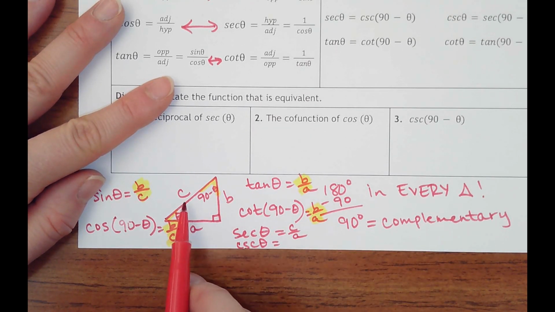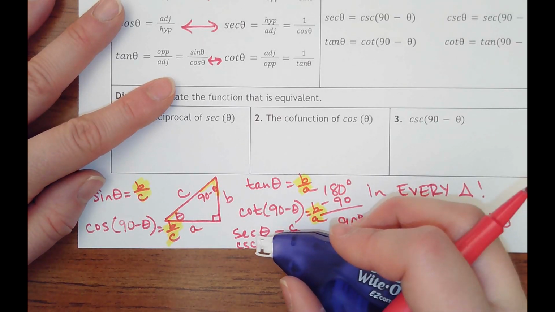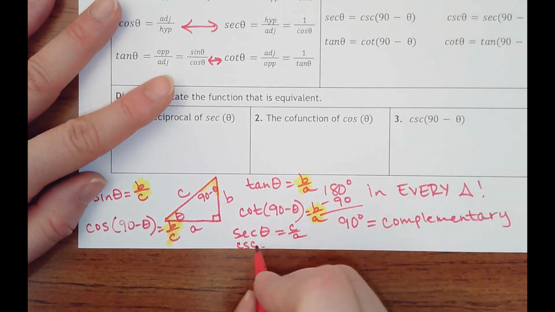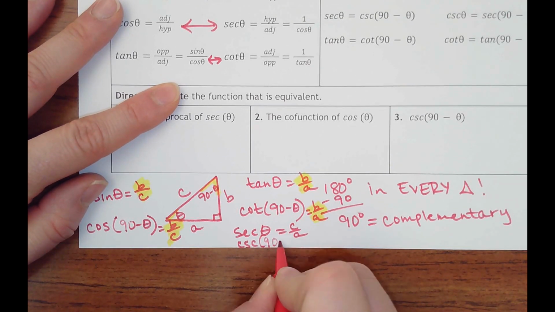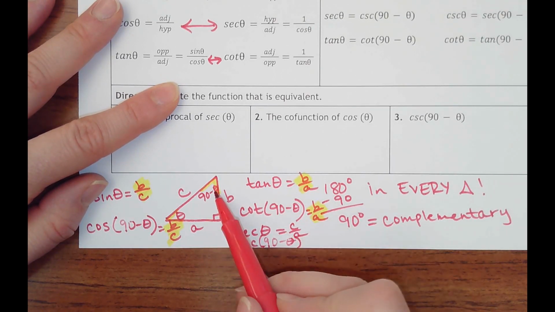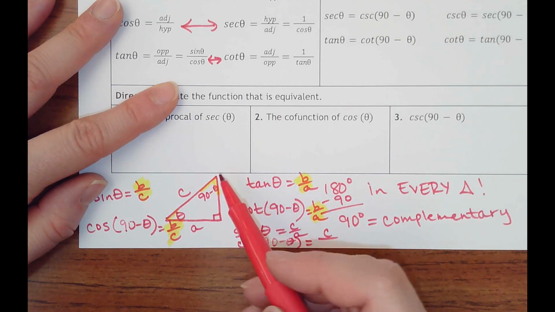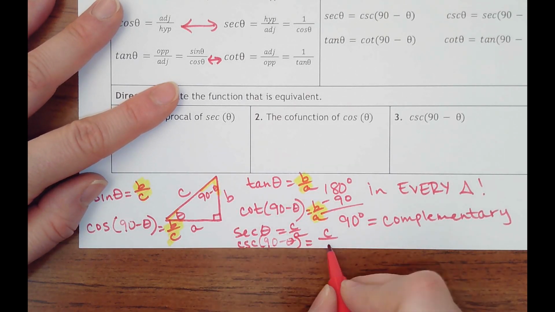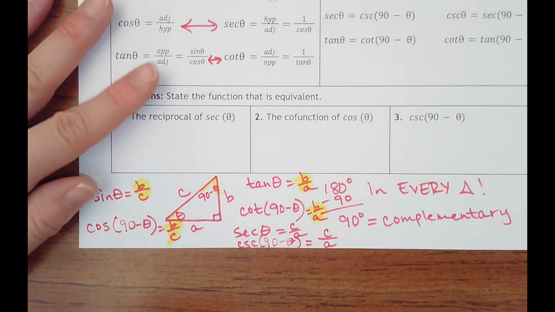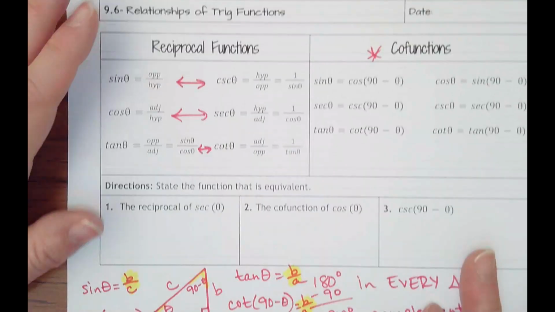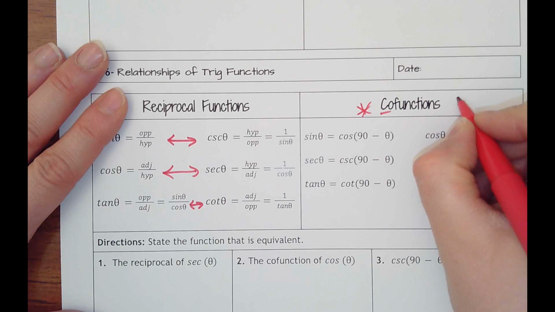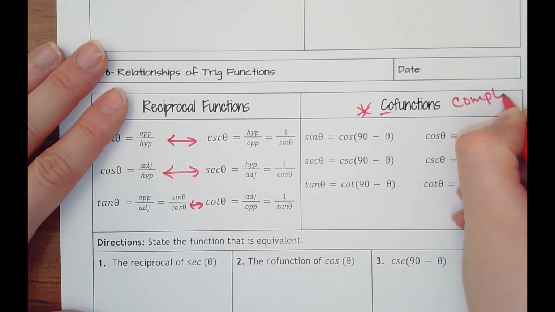From this angle, it'd be the hypotenuse, which is still c, over the opposite, which would be a. I keep wanting to do theta because that's what we've always done. So see how these ratios match. Cofunctions stands for the fact that they make complementary angles.